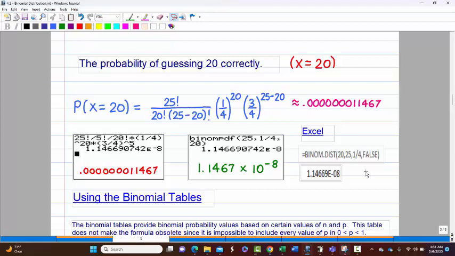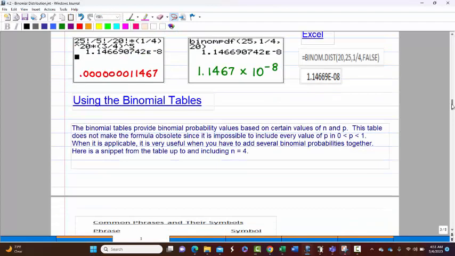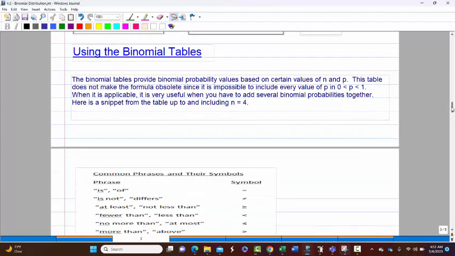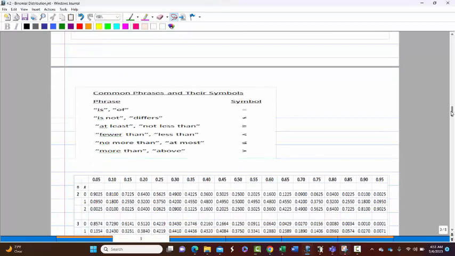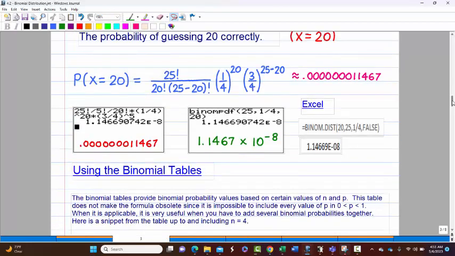Now we're going to start getting into looking at the idea of answering our questions where it's not just a single value, where we have to use the cumulative, or we can use this thing, the binomial table. This is something I'll show you that you might want to use instead of the technology.